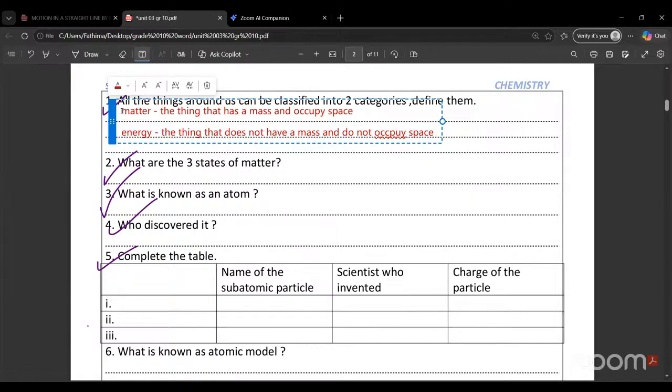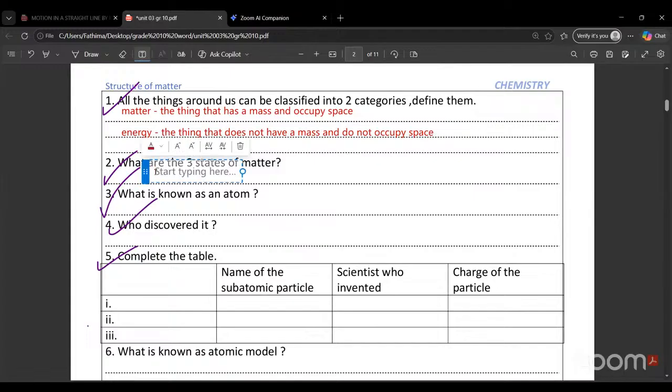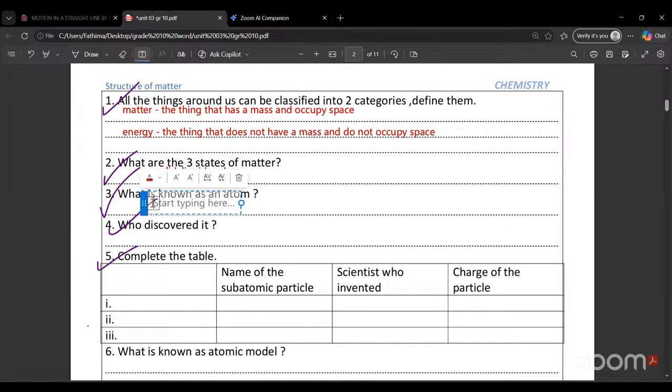Right? Okay. What are the three states of matter? As I told you, solid, liquid, and gas. Right. What is known as an atom?